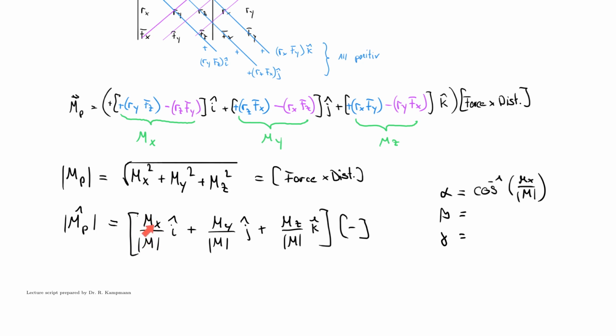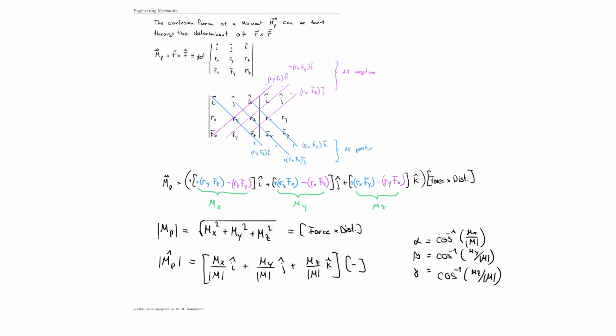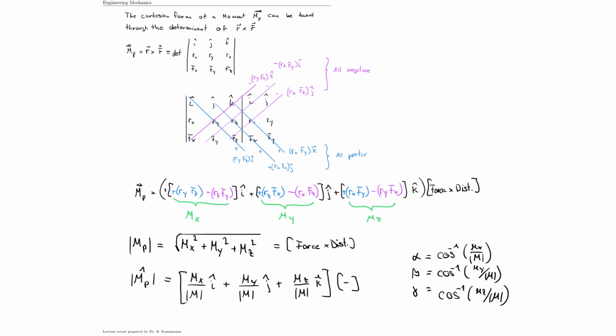So just the cosine inverse of this value here will give you alpha, and the same is true for the other ones, so I don't even have to really elaborate much on that. But of course here we would have my over m, and then we have, last but not least, mz over m. And that concludes how to theoretically define the moments in 3D.